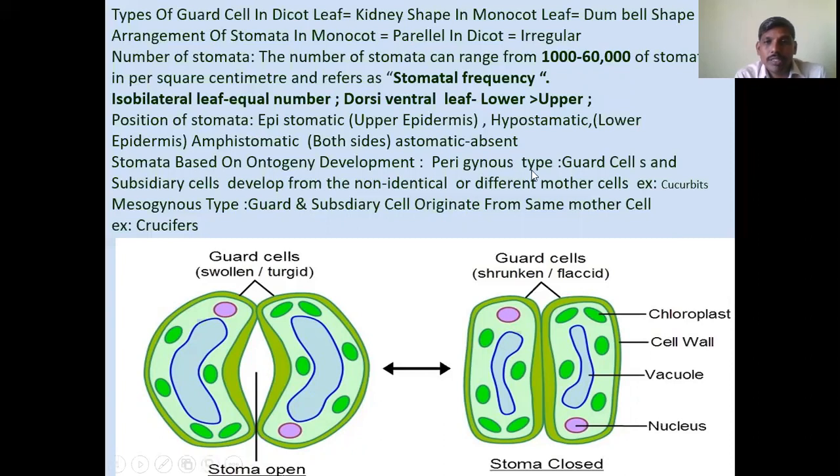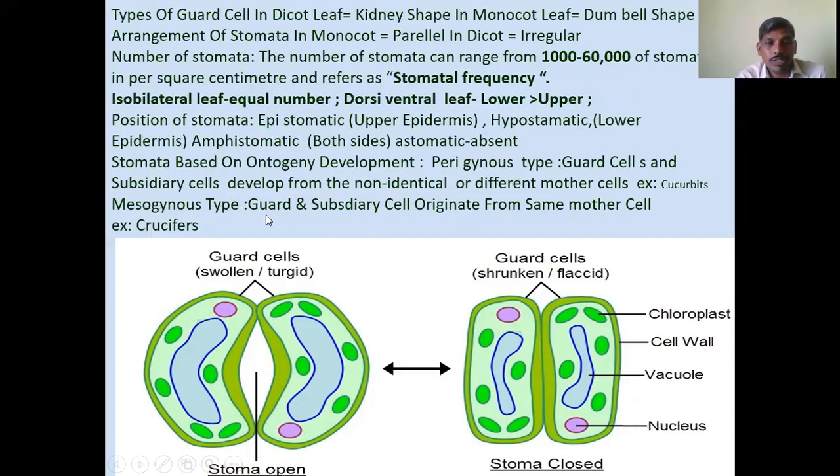In the perigenous type, guard cells and subsidiary cells develop from non-identical or different mother cells. Both the cells are derived from different mother cells, that is known as perigenous.